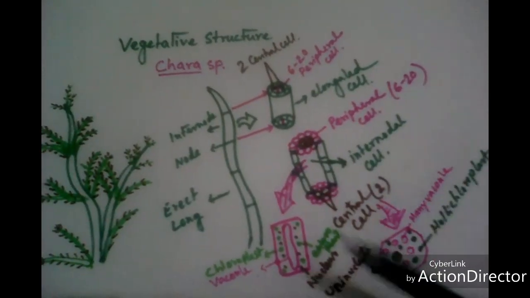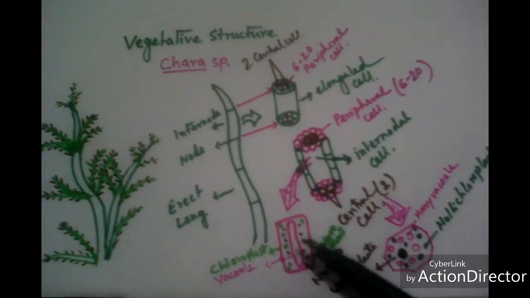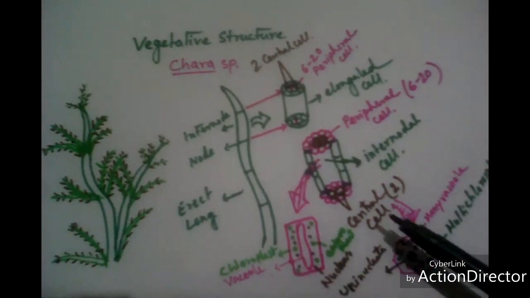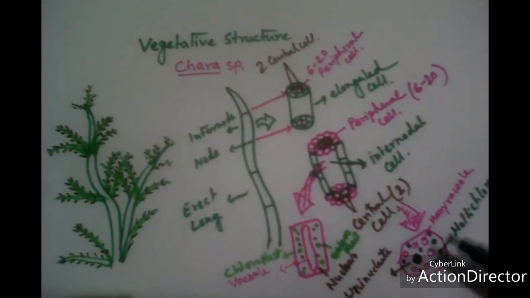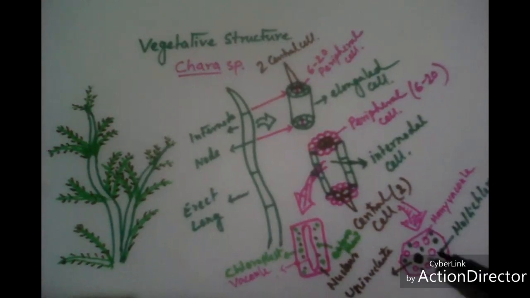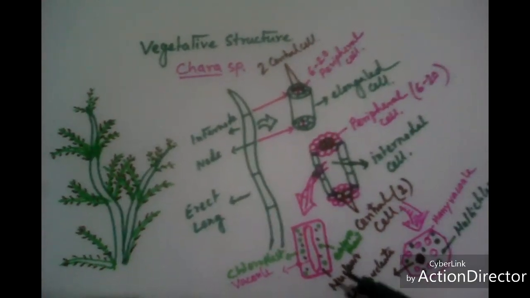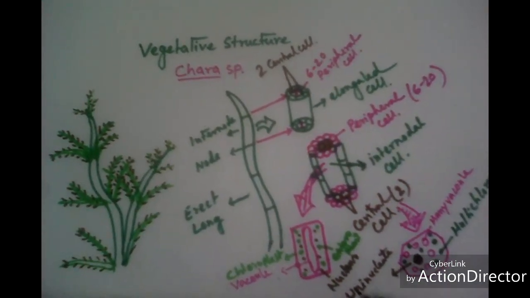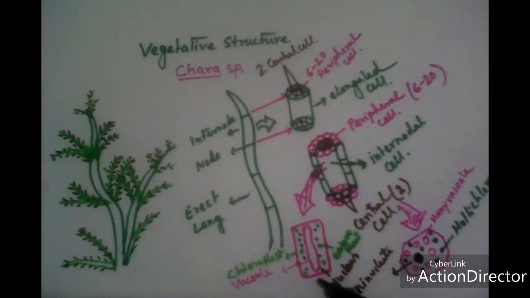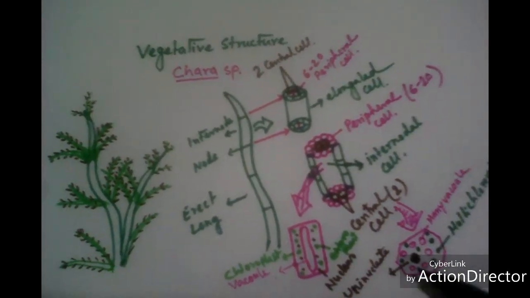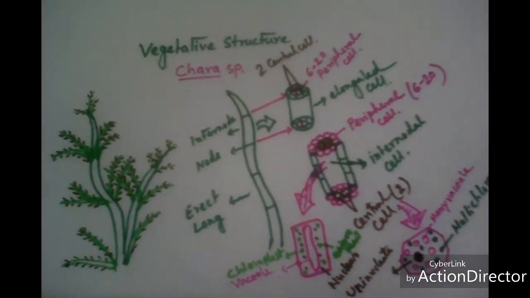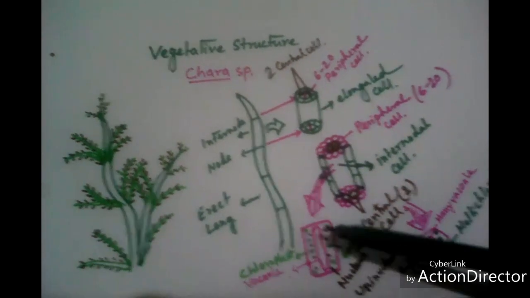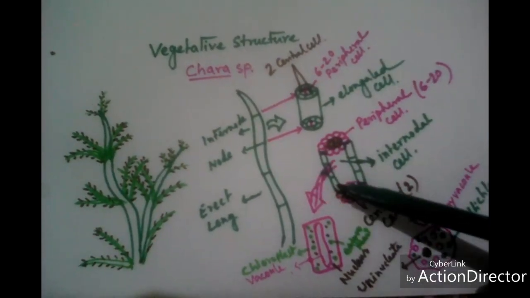So in the internodal cell, a single vacuole is present, but in the central or peripheral cells, numerous vacuoles are present. Here many nuclei are present, but here a single nucleus is present, and here multiple chloroplasts are present, and here also multiple chloroplasts. Each internodal cell is encircled by cortical cells.